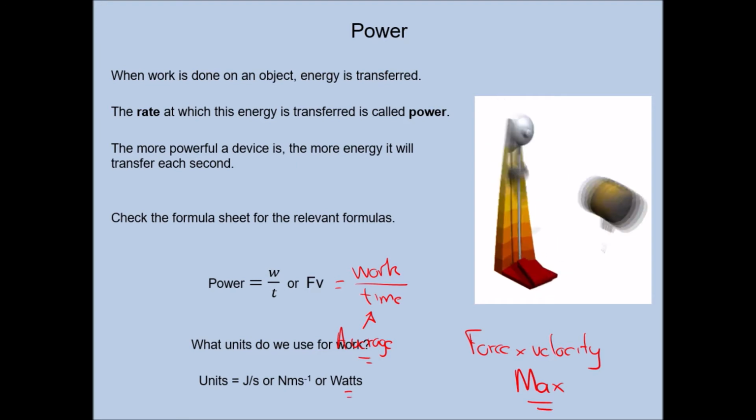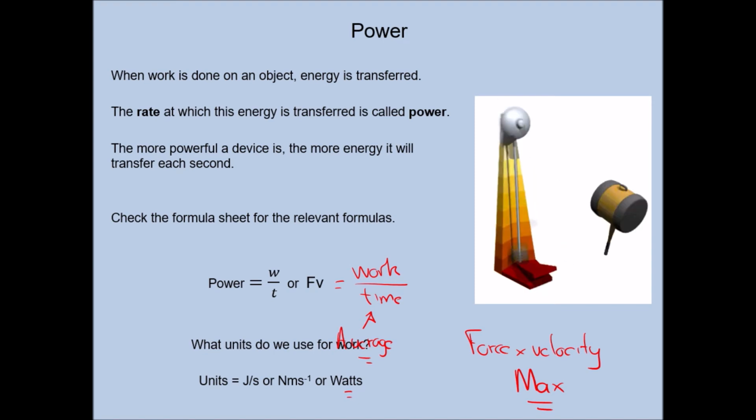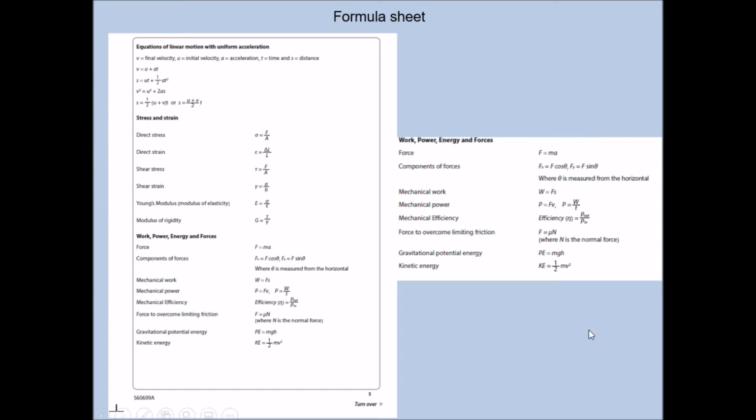So when we're calculating our answer for power, it's going to be watts. Again, it makes it easier to transfer between electrical and mechanical power, as we're always using the same units at the end. So that's what your formula sheets look like, and there's the mechanical power. I've made it a little bit bigger so we can see those two formulas.